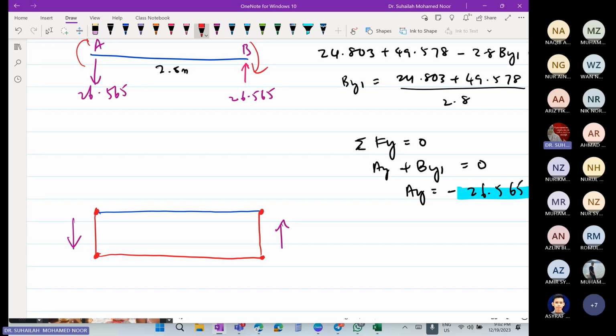We identify the sign for beam AB from the arrow shown, because this arrow will push this one to rotate counterclockwise. So this one is negative. This is the shear force for AB. This is A, this is B.